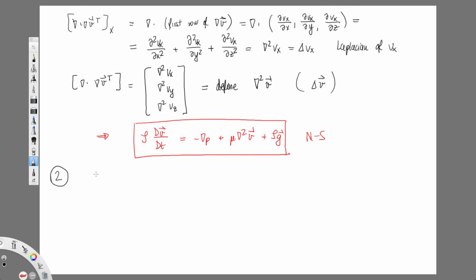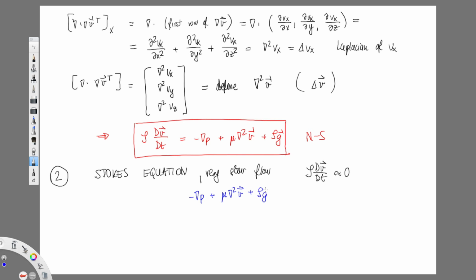So basically the Stokes equation, for very slow flow, assumes that rho dv dt is approximately 0. And what we solve is minus gradient p plus mu Laplacian of v plus rho g is equal to 0.